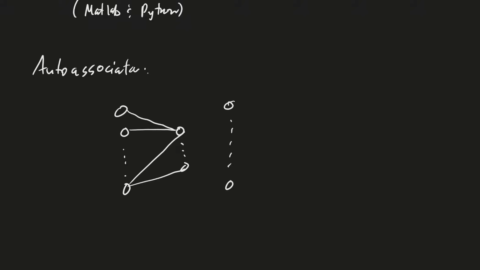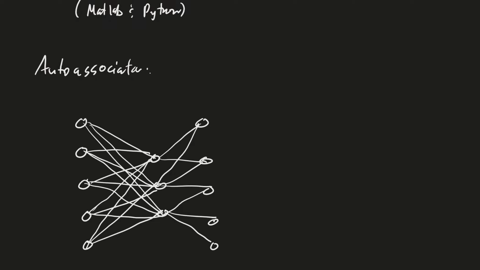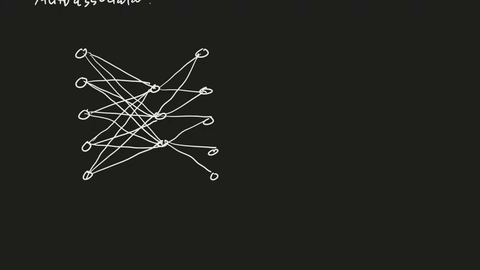Let me pause for a second and draw a better picture. Okay, so here's a little bit better. In this case, I'm going from R5 to the hidden layer in R3 and back out to R5.